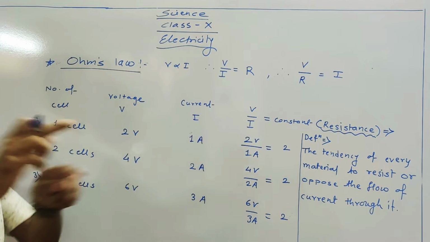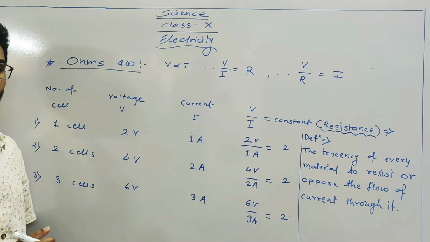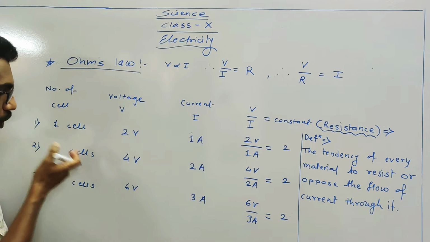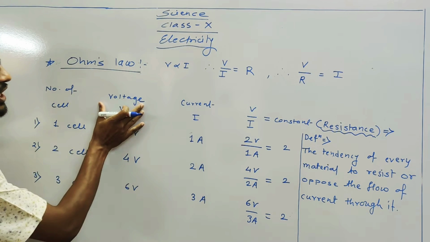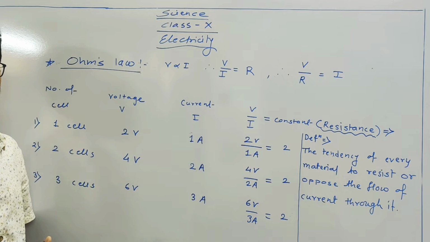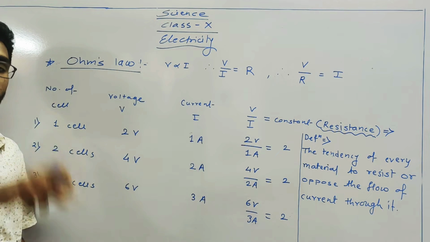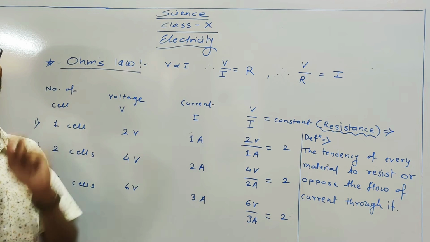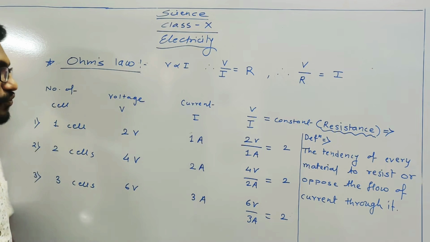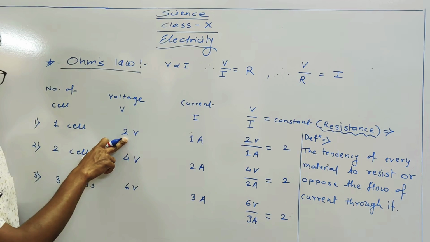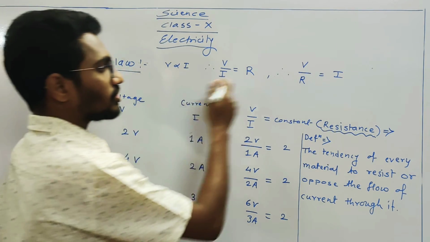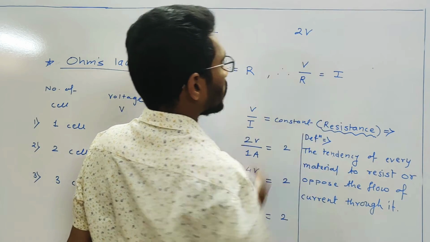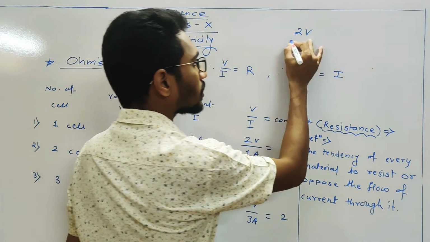And wires are already connected to that particular circuit. Wires complete the circuit. Yes or no? So by changing the number of cells you can change the voltage. But the resistance of that particular conductor, the ability of the wire, decides what happens when you provide a potential difference of 2 volt.